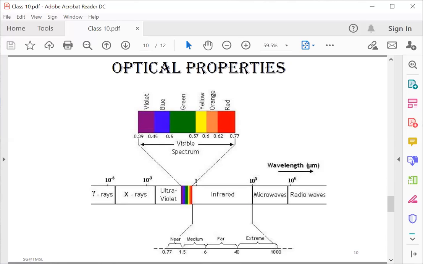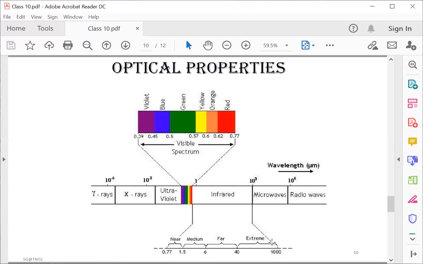On the other hand, infrared, near infrared, medium infrared or far infrared, are separated spectrum regions, and it extends from 0.77 micrometer to 1000 micrometer, which is the extreme infrared region. In between, there are certain other wavelength ranges or frequency spectrum. Frequency ranges are on the left side and wavelength is on the right side.